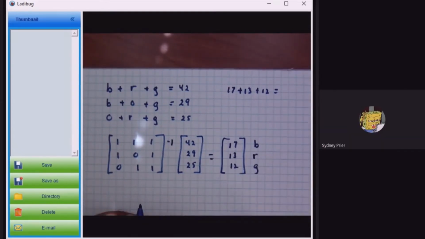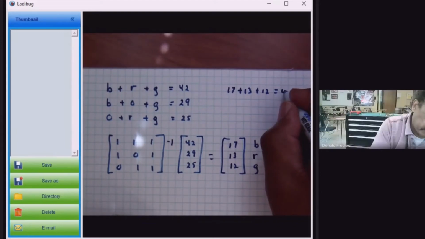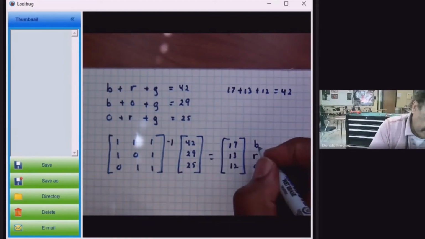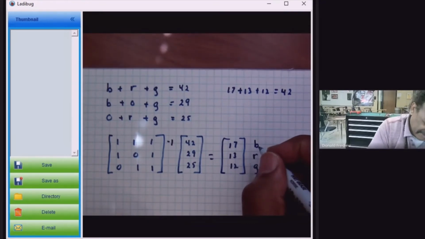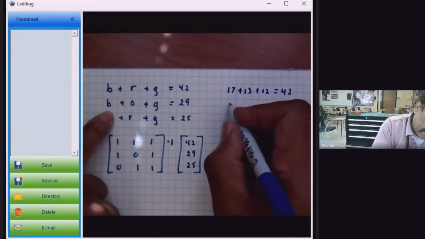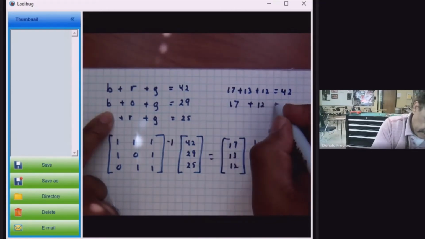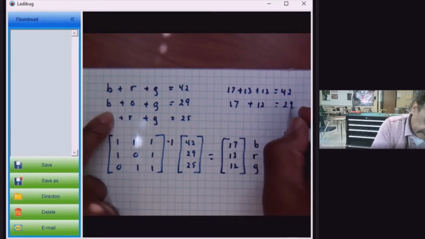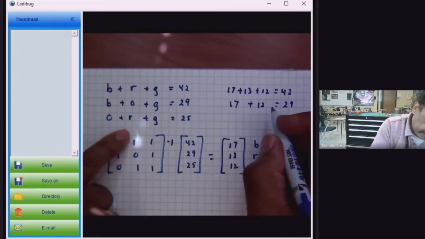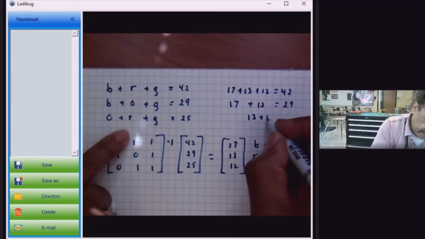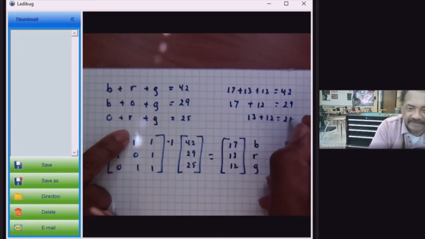Yes, it equals 42. 52 or 42? 42. I don't know what you said. Okay, let's go to the second. 17 plus the green, which is 12, should equal 29. And it does. And for the last one, 13 plus 12 equals 25.